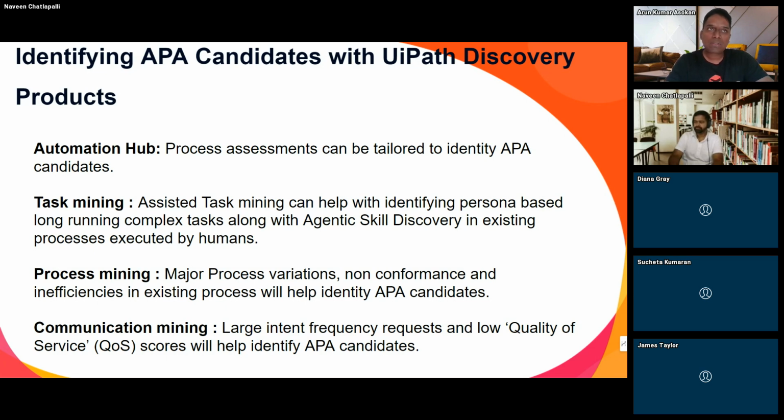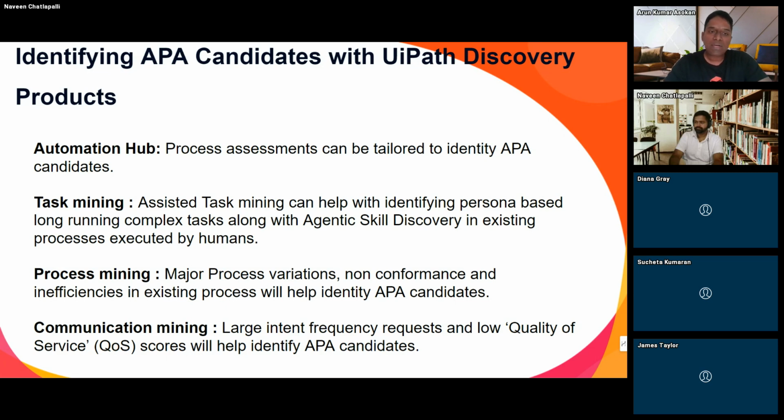But we can at least start thinking about identifying these candidates using the existing tooling and methodologies, and be ready when the tools and technology are available. We can quickly fast track and implement those solutions faster than your competitors. So that's the whole idea of this session.